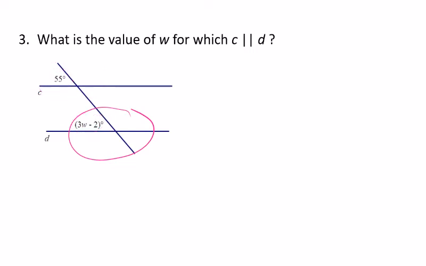And so those are corresponding angles, right? So corresponding angles must be congruent in order to prove that the two lines are parallel, right? So we can say, well, 3W minus 2 must equal 55. So that's our relationship that we can set up, and then we can just solve for W from there.